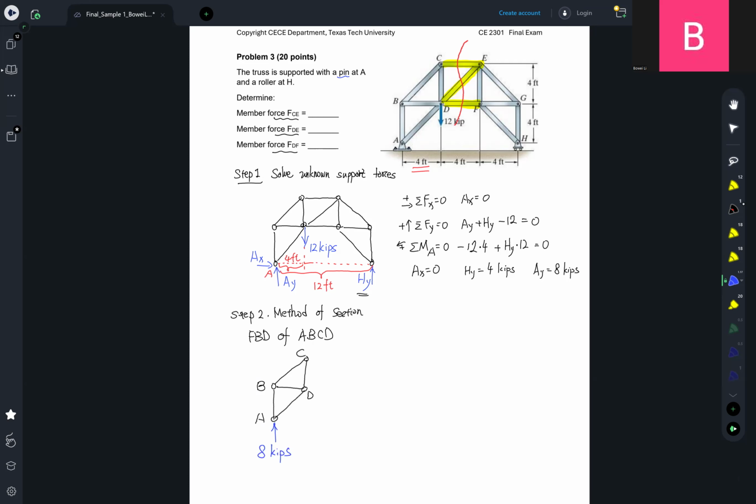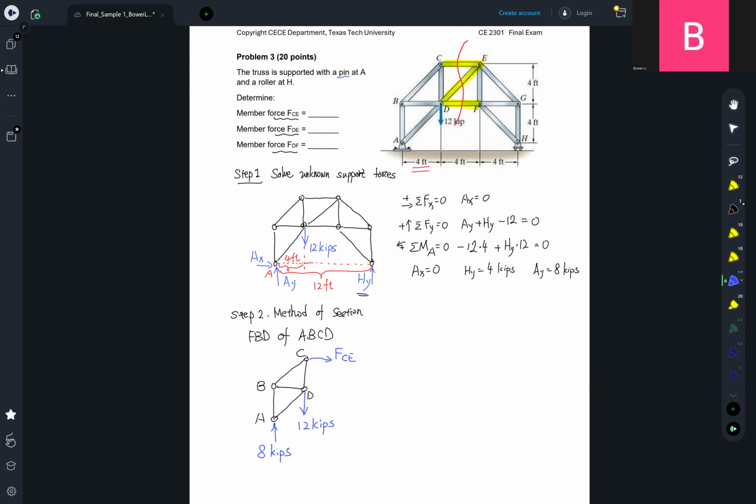And at D we have an external force here, right? Okay, so we also have what? Given that at CD we originally have three members connected to it, but we cut the three members, we have to replace them by the corresponding forces, right? We have CE.